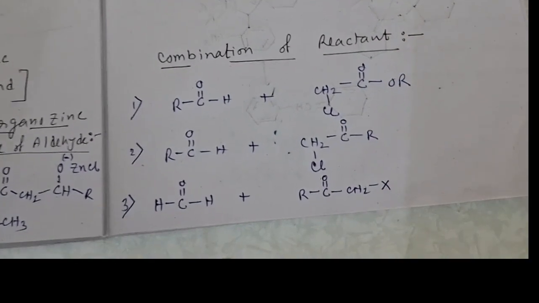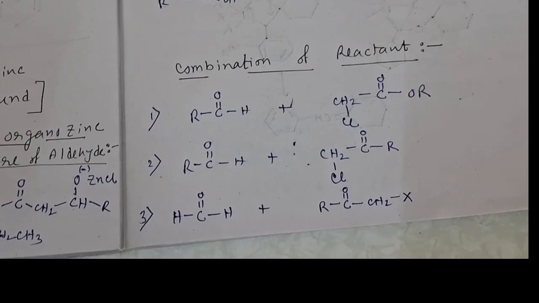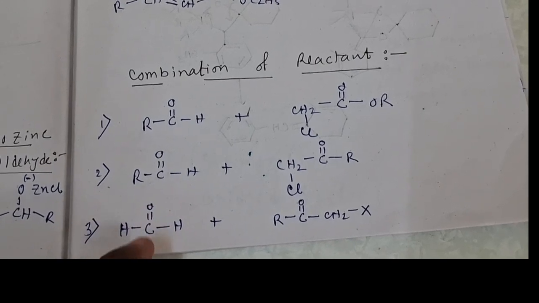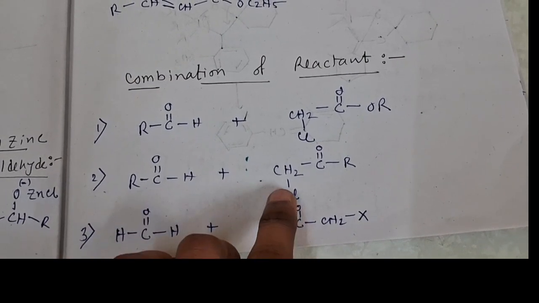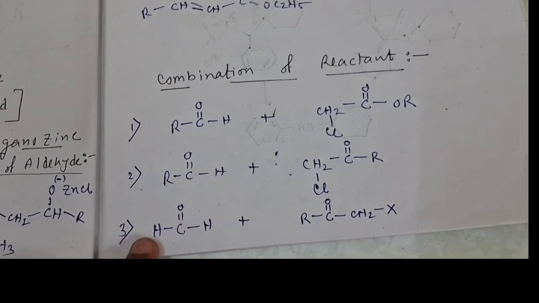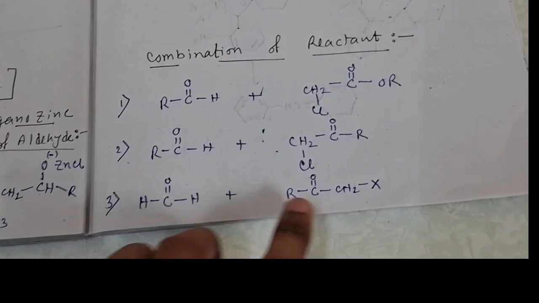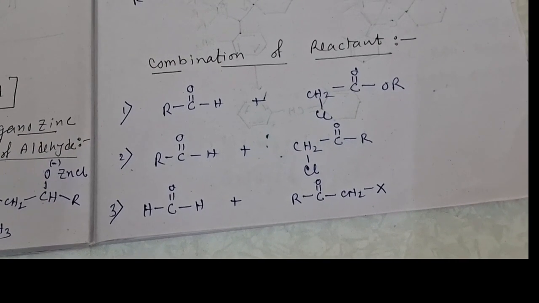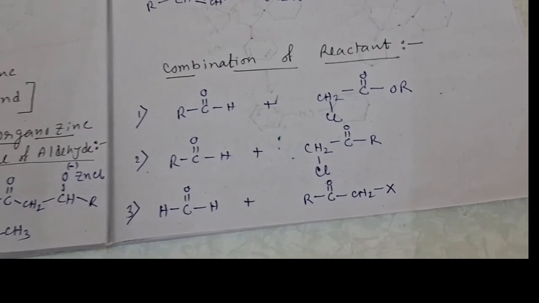Now there are several combinations of reactants, because I have considered aldehyde and alpha haloester in this case, but you can also consider alpha haloester and ketone, or formaldehyde, right? Formaldehyde and alpha haloketone you can also consider. So there is no necessity for choosing alpha haloester.